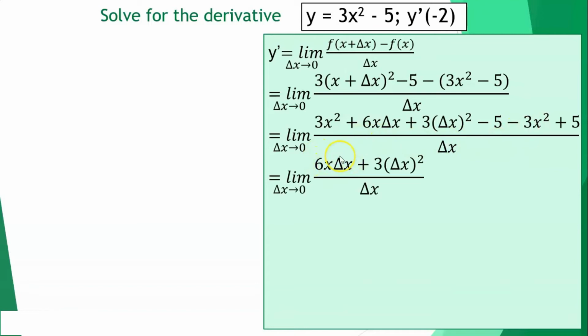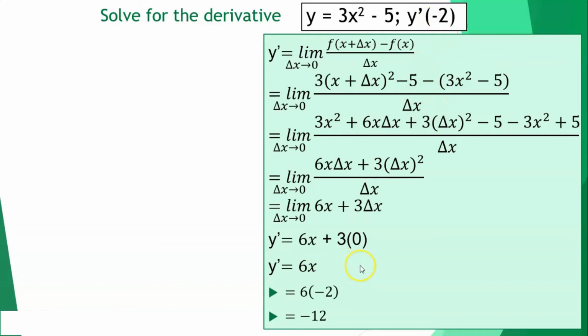So we end up with 6x delta x plus 3 delta x squared over delta x. So take note, dividing the entire equation by delta x, we end up with 6x plus 3 delta x, and substituting delta x by 0, we end up with y prime 6x. So since our x here is negative 2, let's substitute, we end up with negative 12.